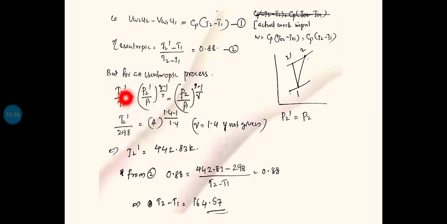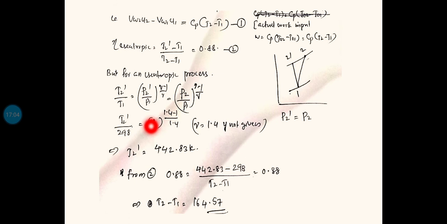Here 2' is the final state and 1 is the initial. As I have already told, P2' will be equal to P2, since 2' and 2 both lie on the same isobaric, constant pressure line. So I am replacing P2' by P2. So T2' by T1 equals (P2 by P1) all raised to (gamma minus 1) by gamma.